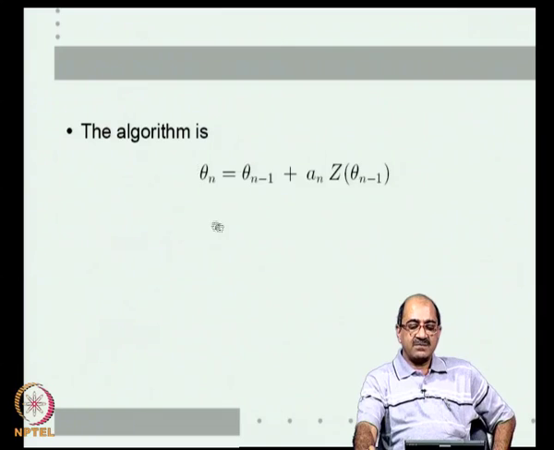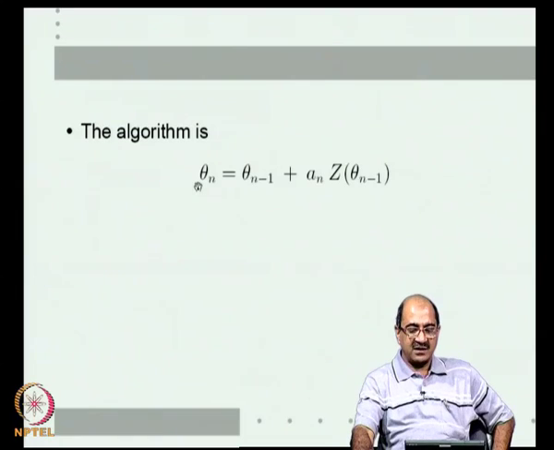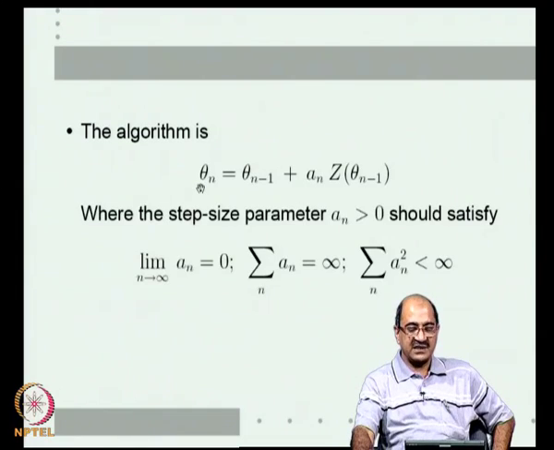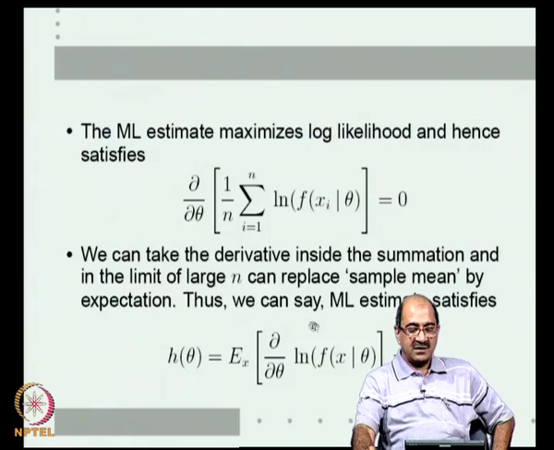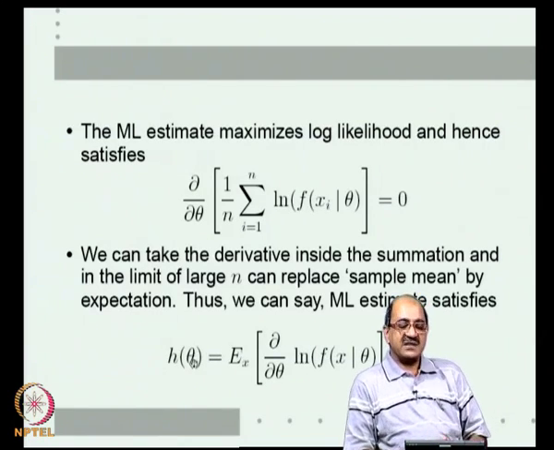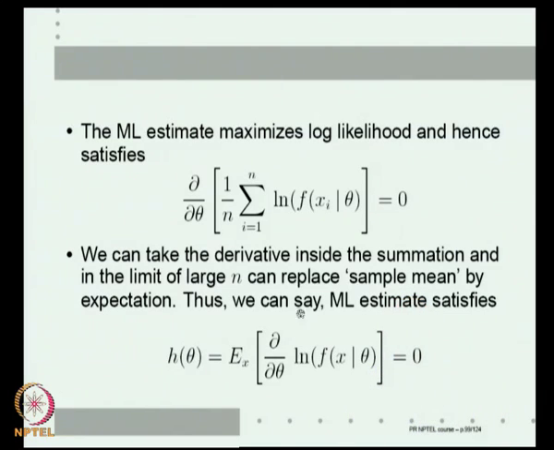Such an algorithm is given by this. If I think of h theta as the gradient of something, which it actually is, and that something is the log likelihood function, I want to maximize the log likelihood function, which is the same as finding a 0 of the gradient. Now, what is my gradient algorithm?